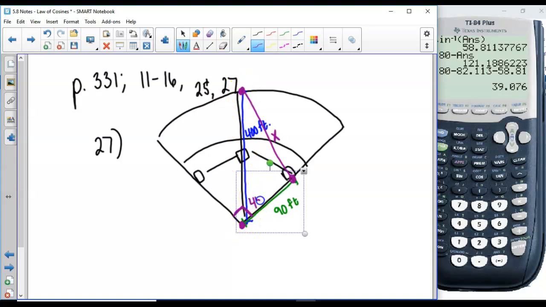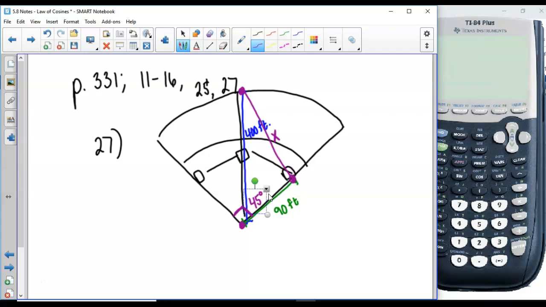So this angle right here is 45 degrees. And so then that gives you the triangle that you're going to look at. It's even more misleading when you look at the picture because they're showing you the view of the field from an angle, and it doesn't look quite as much like a 45-degree angle to me there.